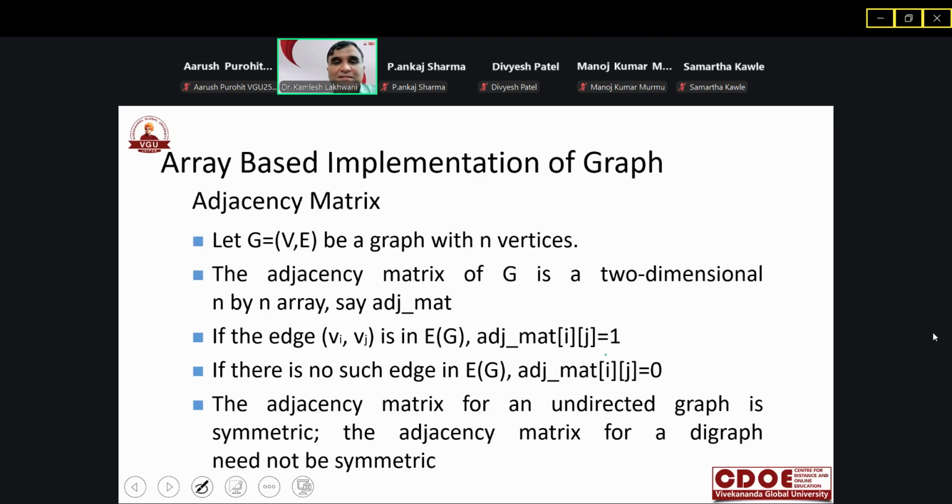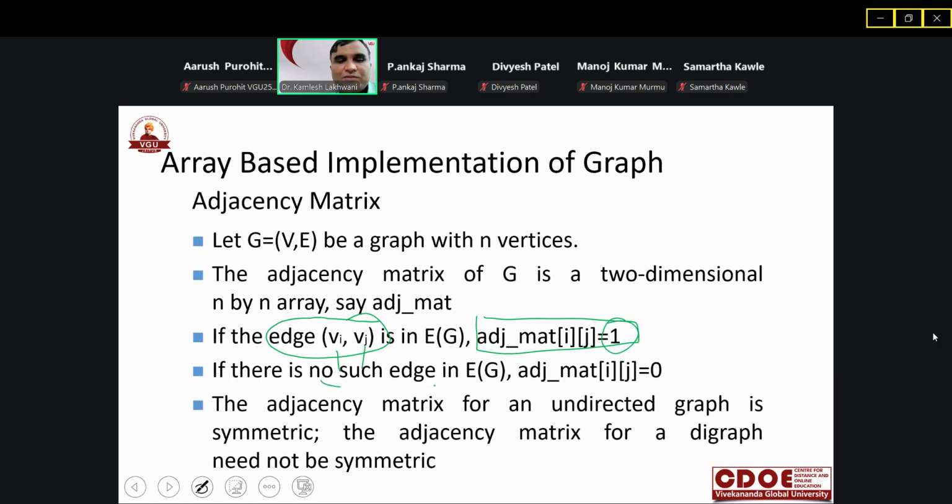If the edge is in the edge set E of G, then mat[i][j] is equal to 1. That means if there is a connection, an edge between Vi and Vj, then in that matrix the value will be 1.